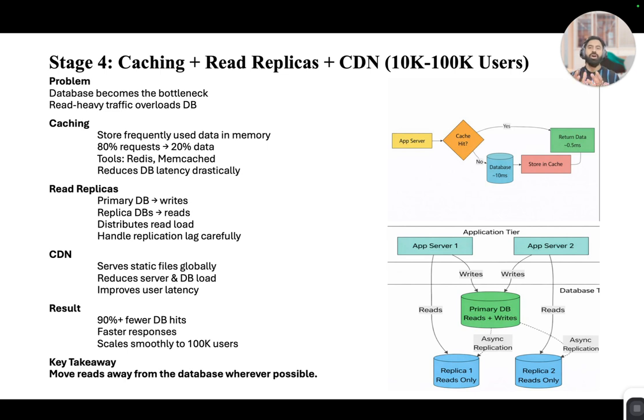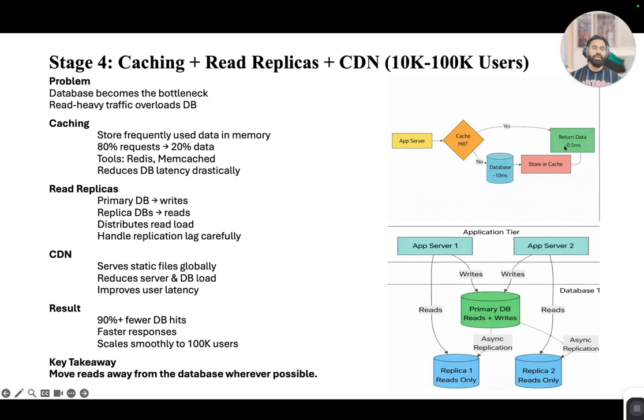So let's understand how cache works in a simple flow. This is the most common pattern called cache aside. The app checks the cache first. If the data is found, then it returns immediately, for example in 0.5 milliseconds.